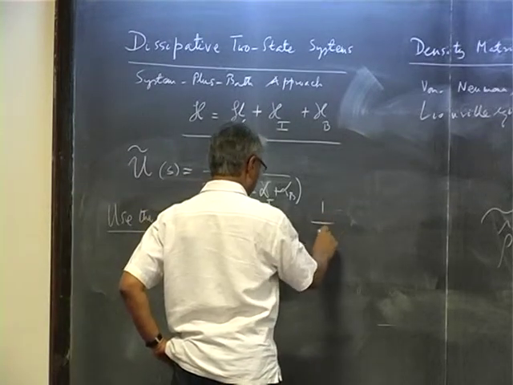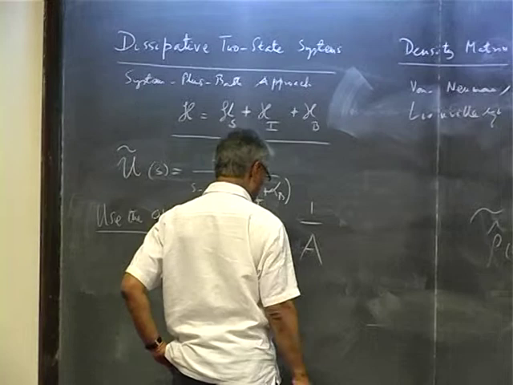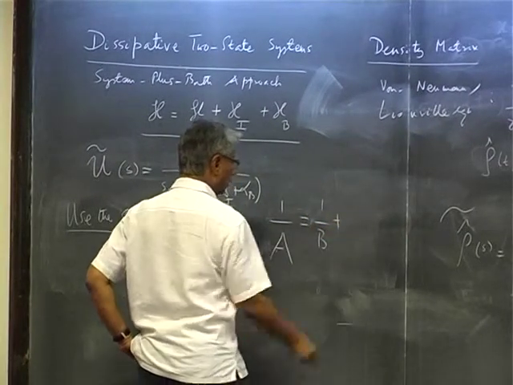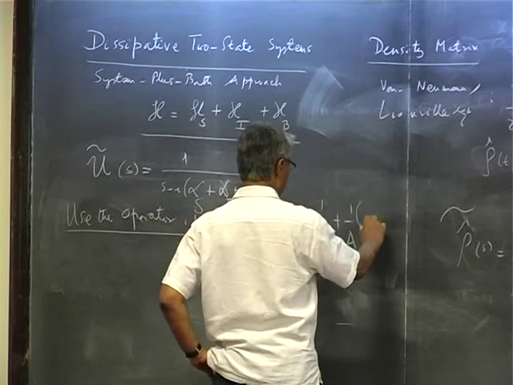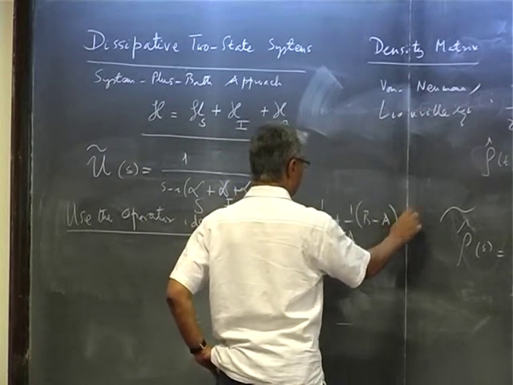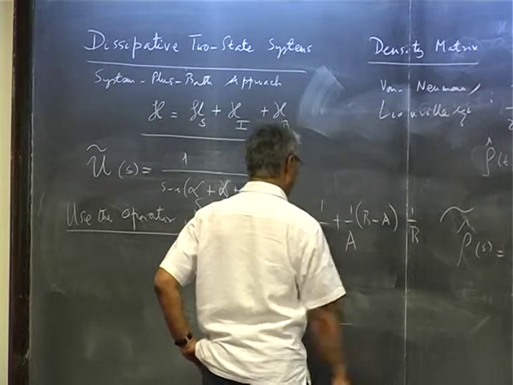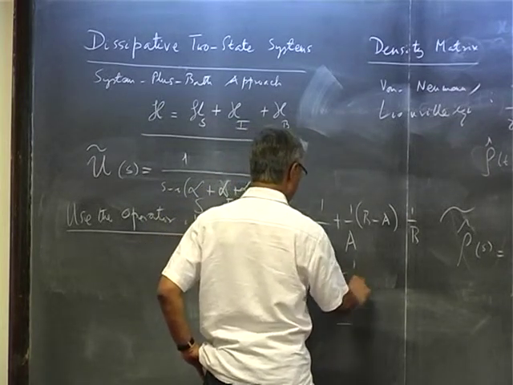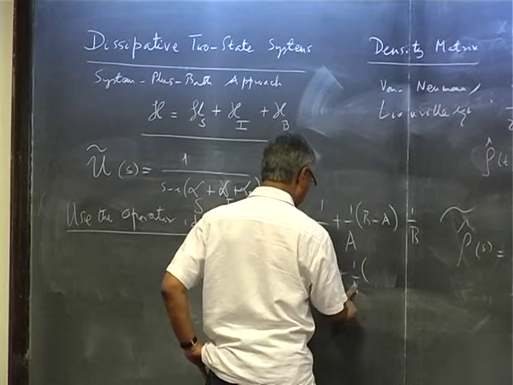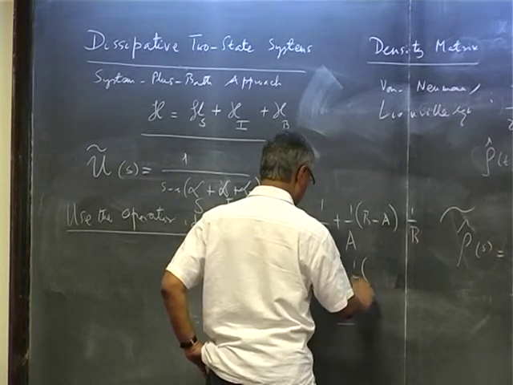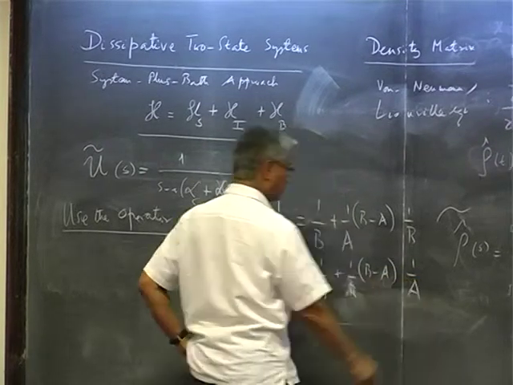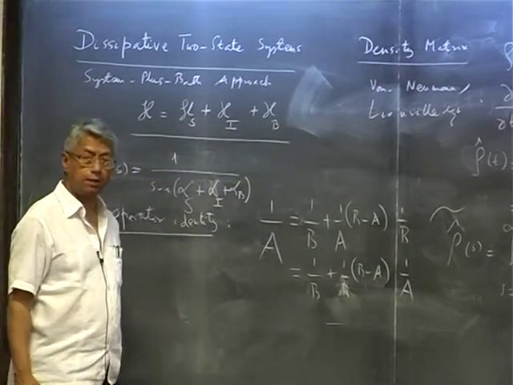It says that if I have an arbitrary operator A, I can write 1 over A as 1 over B plus 1 over B times (B minus A) times 1 over A, or alternatively as 1 over B plus 1 over A times (B minus A) times 1 over B. Do you see that as an identity?